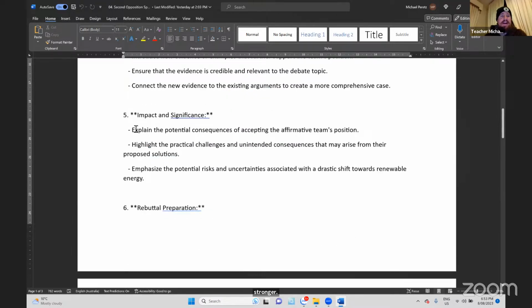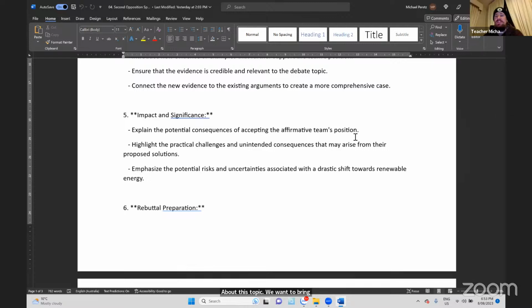Next, we want to talk about the impact and the significance. So we want to make sure that any potential consequences of accepting the affirmative team's position are known. So what are some of the bad things that they've not told us about this topic?